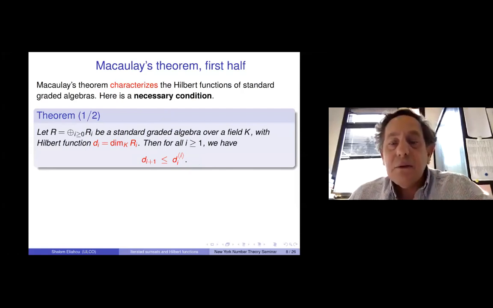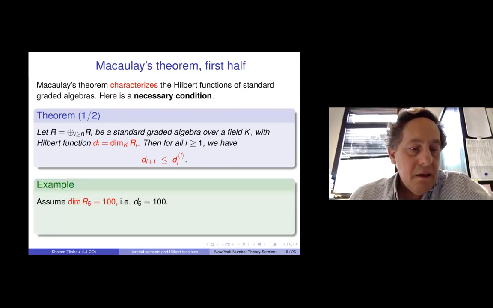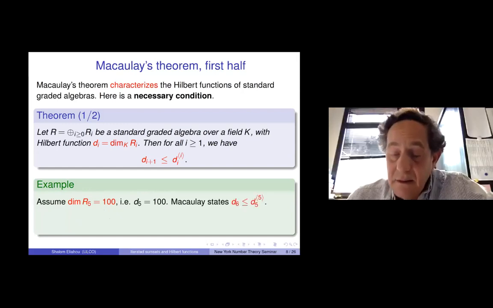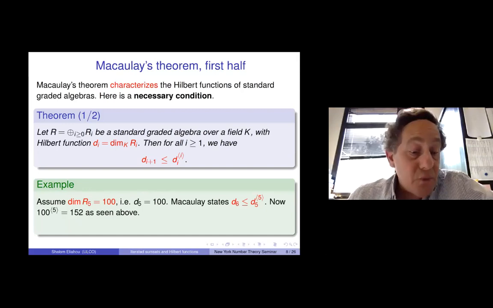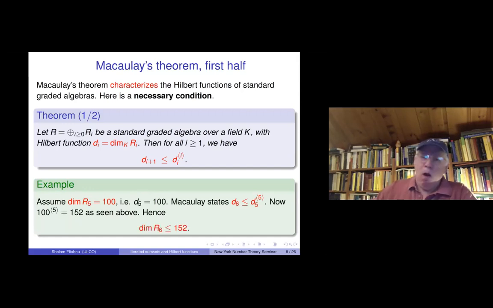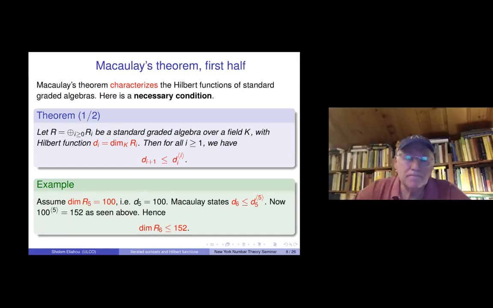So that's the necessary condition in Macaulay's theorem. And example again, take any standard graded algebra, assume the dimension of the piece of degree 5 is 100. We've seen that in the preceding slide, and therefore the piece of degree 6 can never exceed 152.